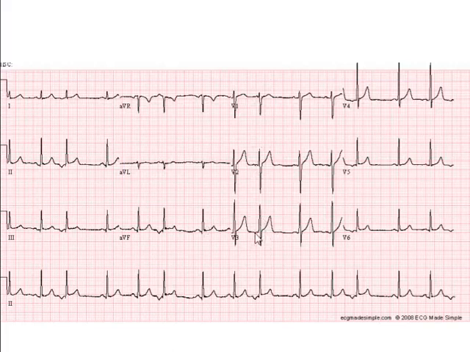The ST segments are normal, and the T waves are positive in lead 1, AVF, and V2 to V6, showing a normal pattern of repolarization. Overall, this ECG shows normal sinus rhythm with premature atrial beats in a pattern of trigeminy.